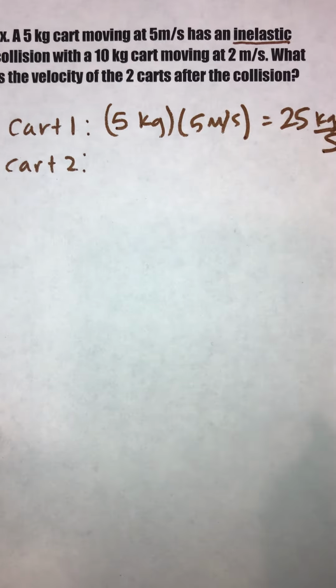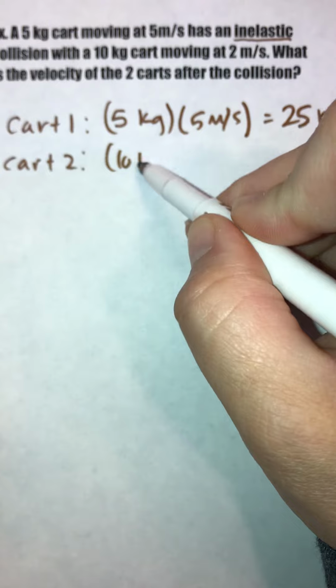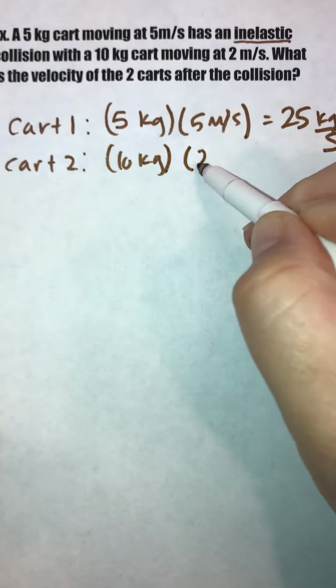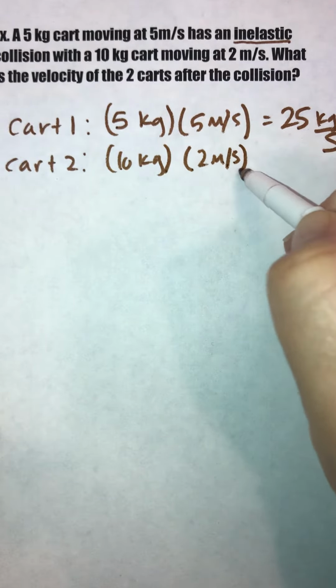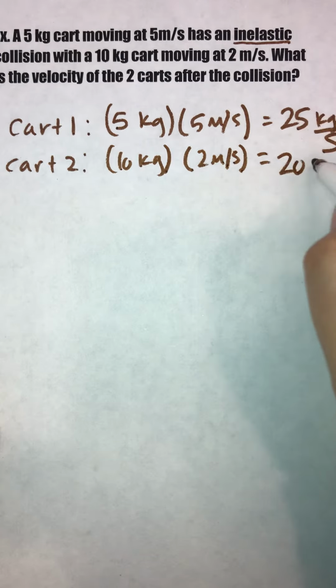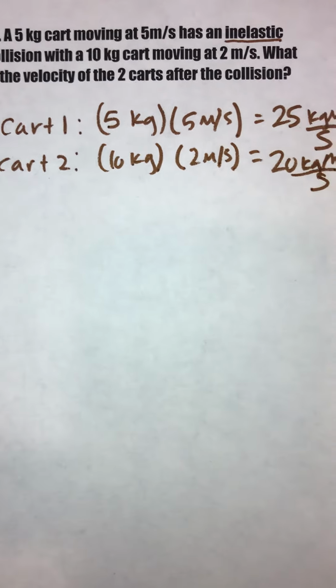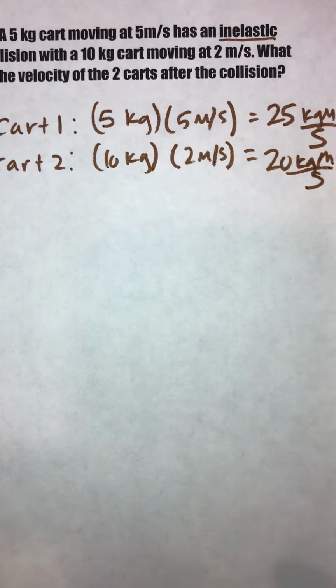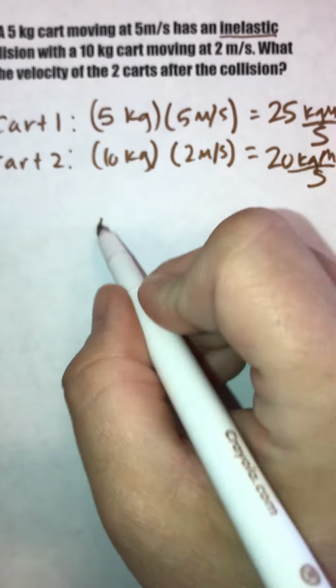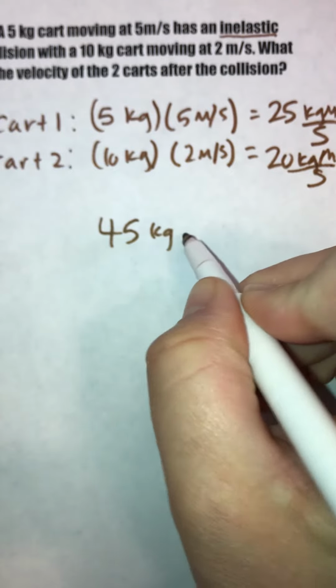And then cart number 2 we said was 10 kilograms moving at 2 meters per second. 10 times 2 is 20 kilogram meters per second. So what's the total momentum before the collision? 25 plus 20 is 45 kilogram meters per second.